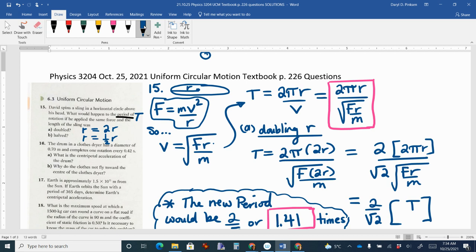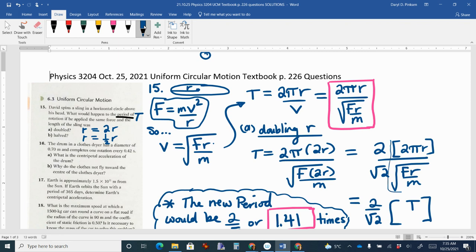Again, you wouldn't be expected to memorize this. If you double the R, what I'm going to do now is replace the R with 2R on top and also on bottom, and then extract it. So this 2 can come out, and down here a root 2 can come out. And then what we have left inside is your original period right here.